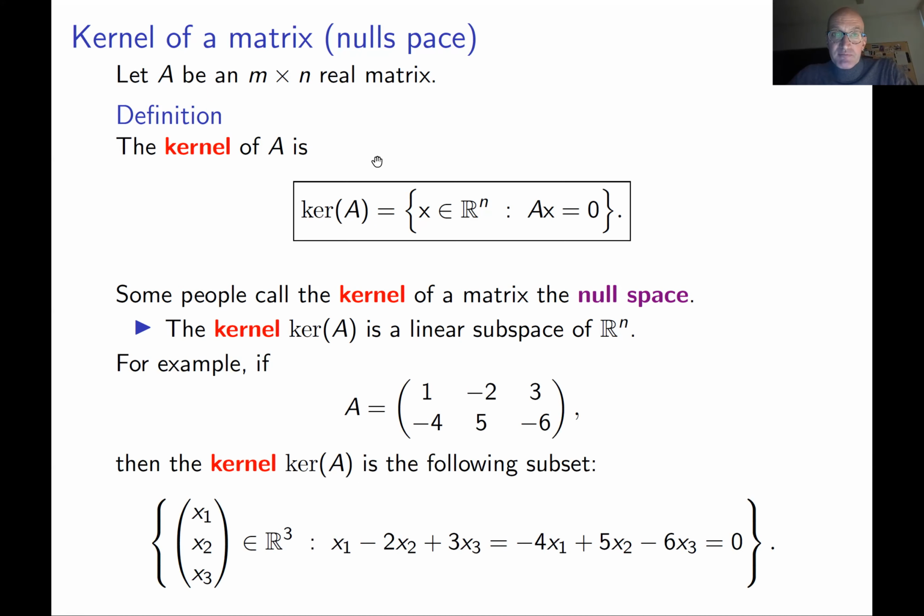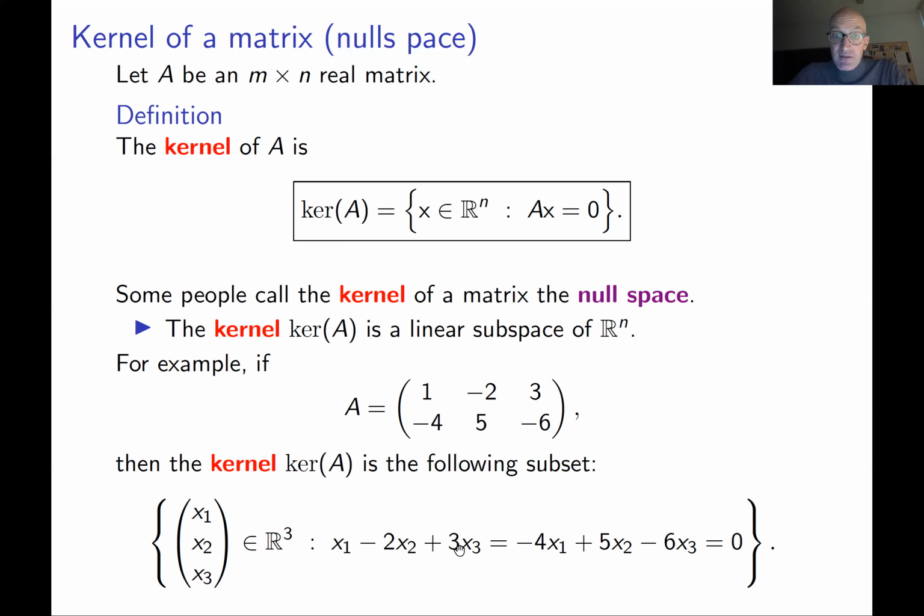Here is an example. Suppose we have this nice 2×3 matrix, and what is its kernel? Its kernel consists of all vectors in R3, x1, x2, x3, such that if you multiply matrix A by this vector, you get 0. But what does it mean? If you multiply A by this vector, you are going to get a vector in two-dimensional space.